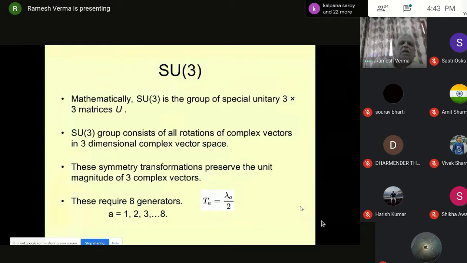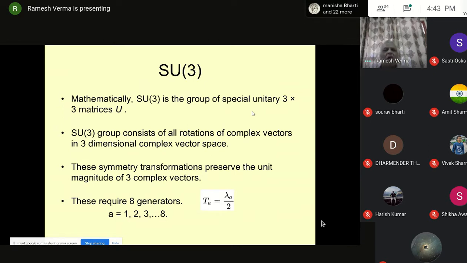So that condition, and they have determinant one. So that is what S and U stand for. They can be used to generate transformations.